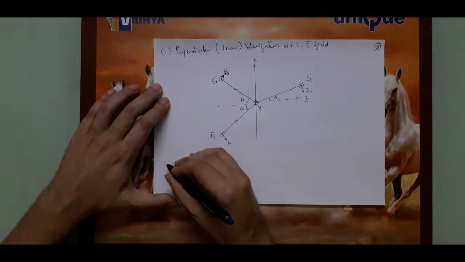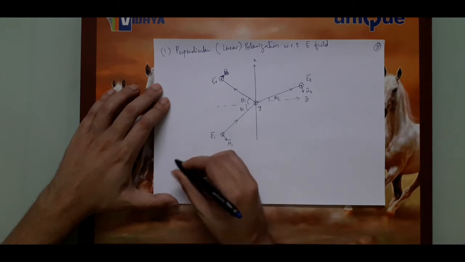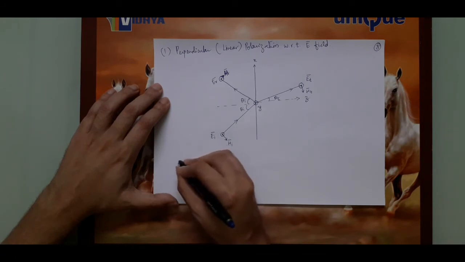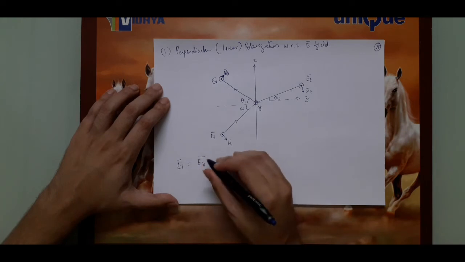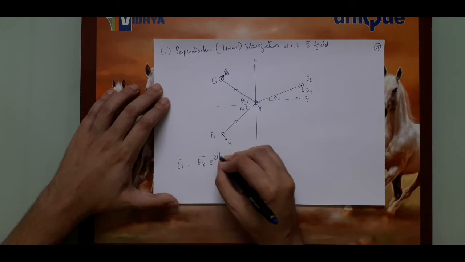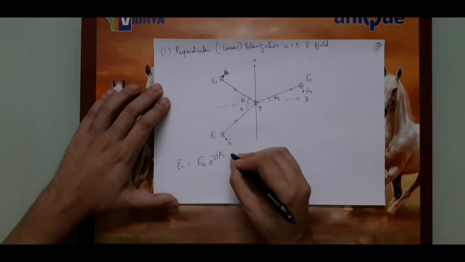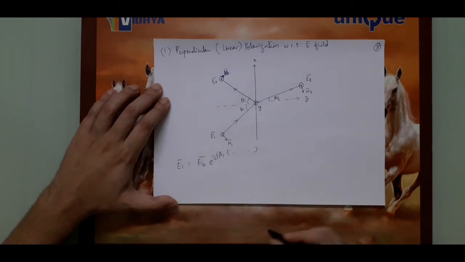Let us just write the field equations which we derived already. For the incident electric field, the EI will be EI0 times e raised to minus j beta 1 times some direction cosine.